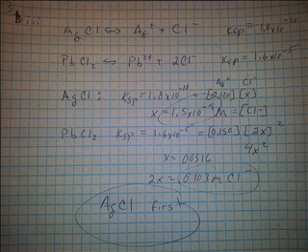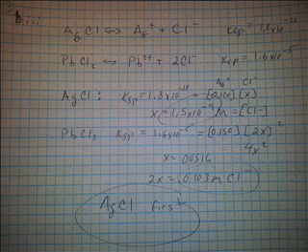And then the same thing for the lead. If I have 0.150 moles per liter of lead, how many moles per liter rather of chloride ion would I need to reach my KSP?